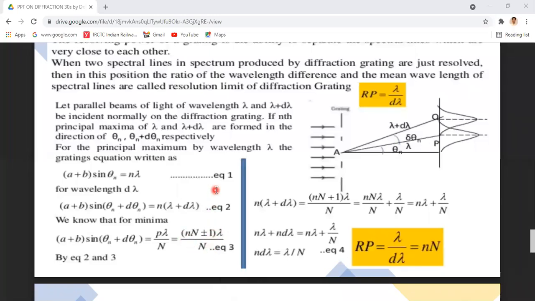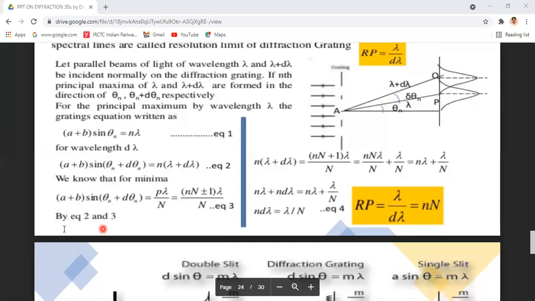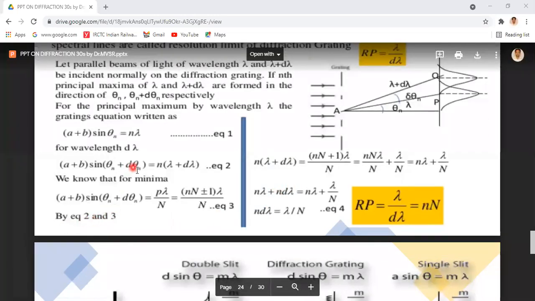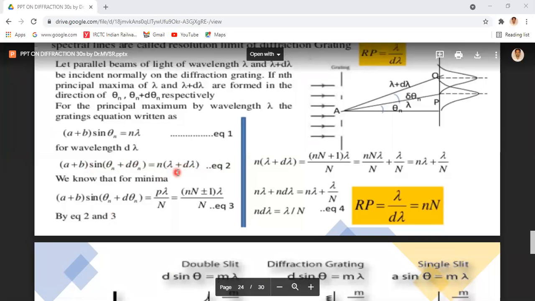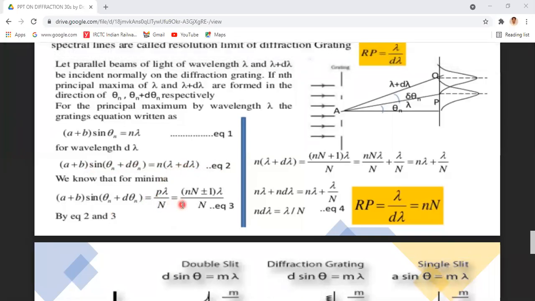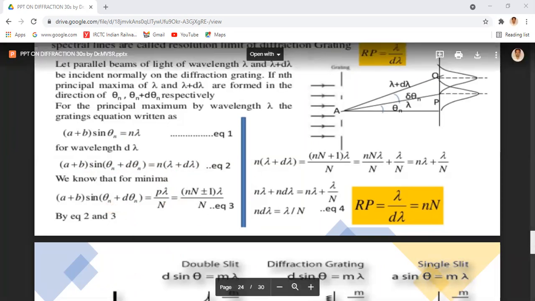So by using equations 2 and 3, both are the same here. So a plus b sin theta n plus d theta n is equal to, because this is the central maximum of lambda plus d lambda n. So this is the first minimum of lambda in the direction of lambda plus d lambda.